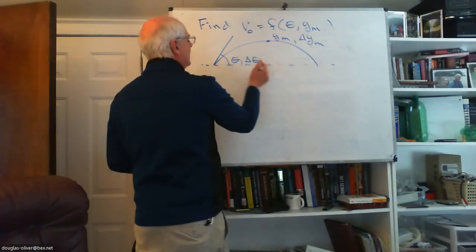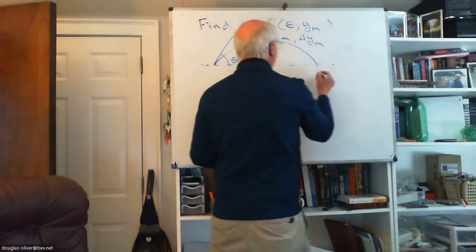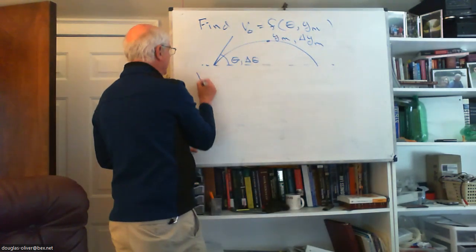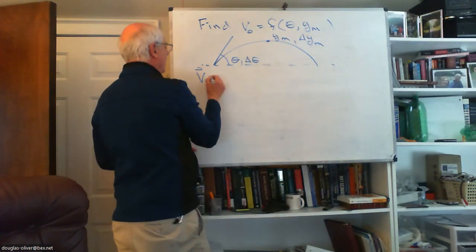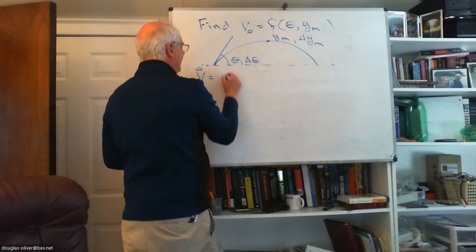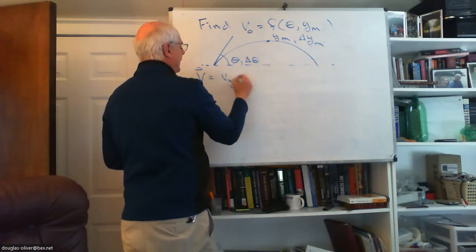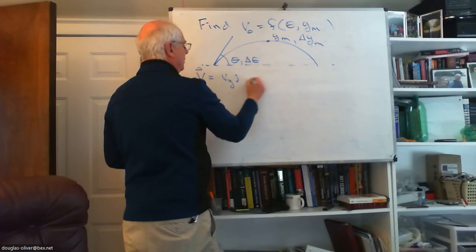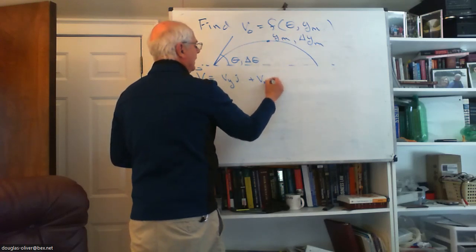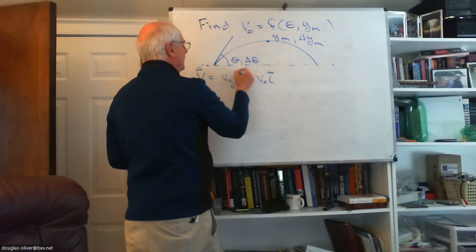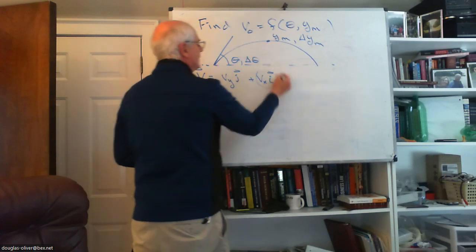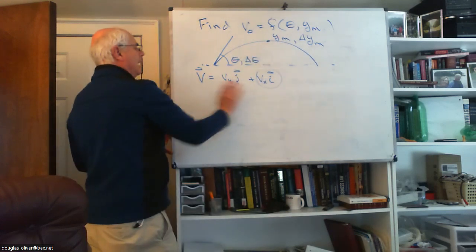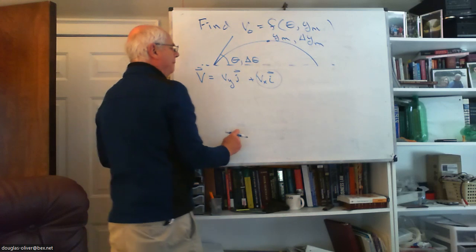Let's take a look at this. We have the velocity, which I'm going to make a vector, equal to Vy in the j direction plus Vx in the i direction. These are vectors. Now, Vx is just a constant, so I'm going to forget about it. Let's take a look at Vy.